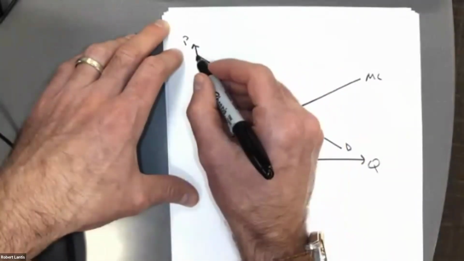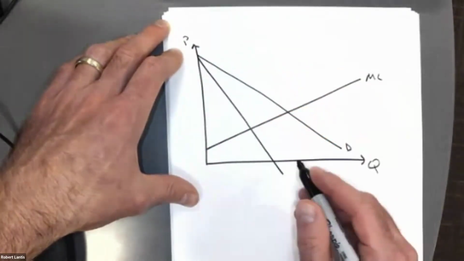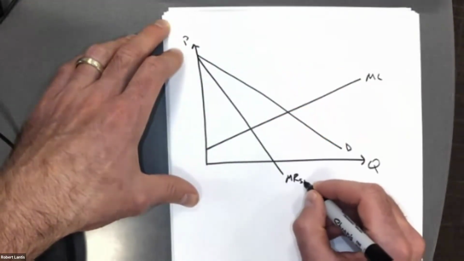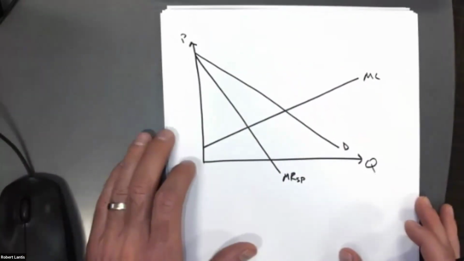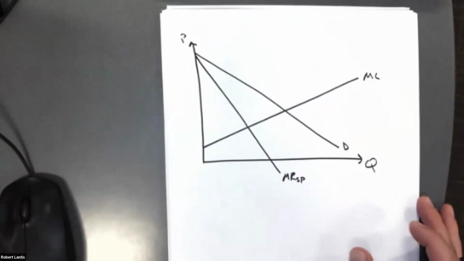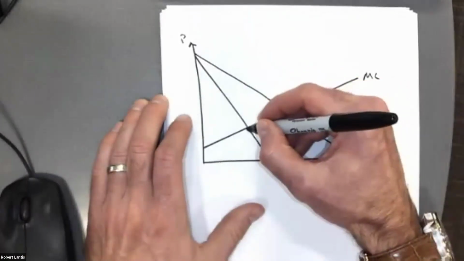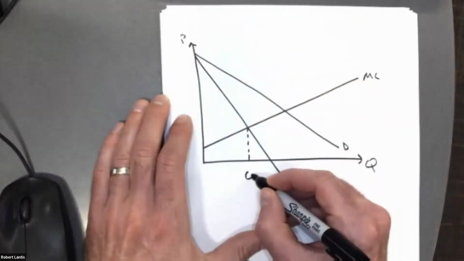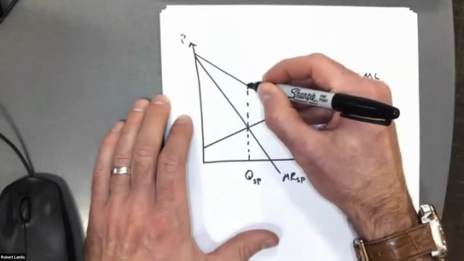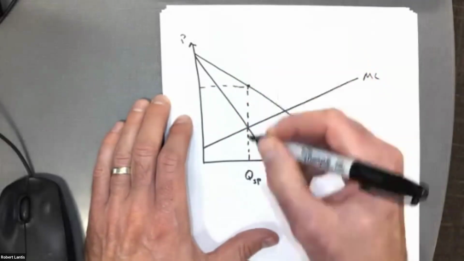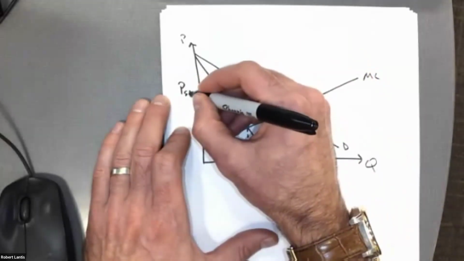We said that a single price monopolist faces this downward sloping demand curve. And so for a single price monopolist, what we would see is that the profit maximizing quantity is going to be right here. They went up to the demand curve to set the price.